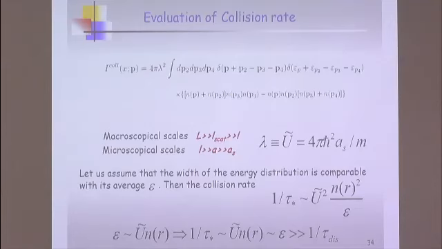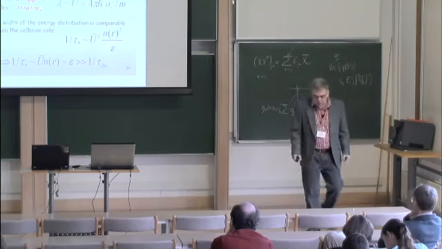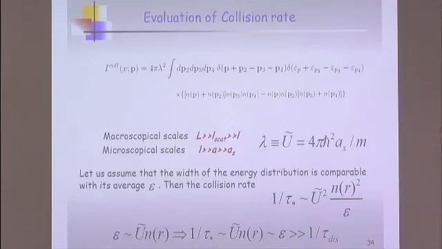And one sees that if you have a case when the energy and the nonlinearity are comparable, then the estimate for the lifetime is of the order of the energy, which is supposed to be much larger than the mean-free time.